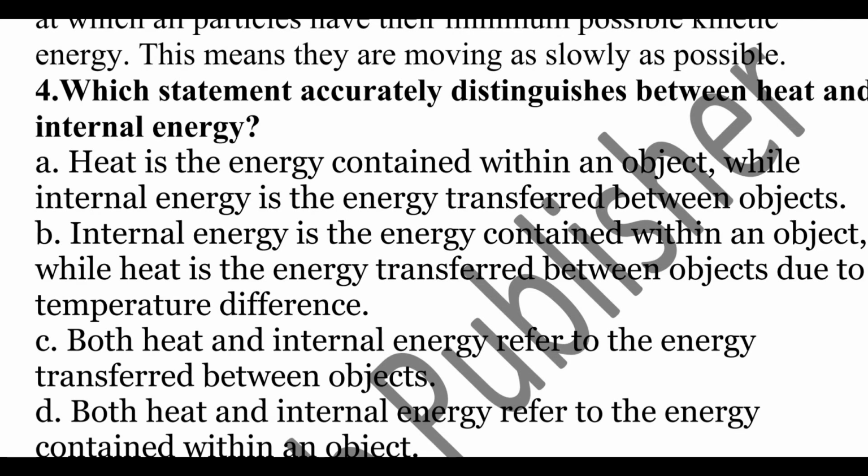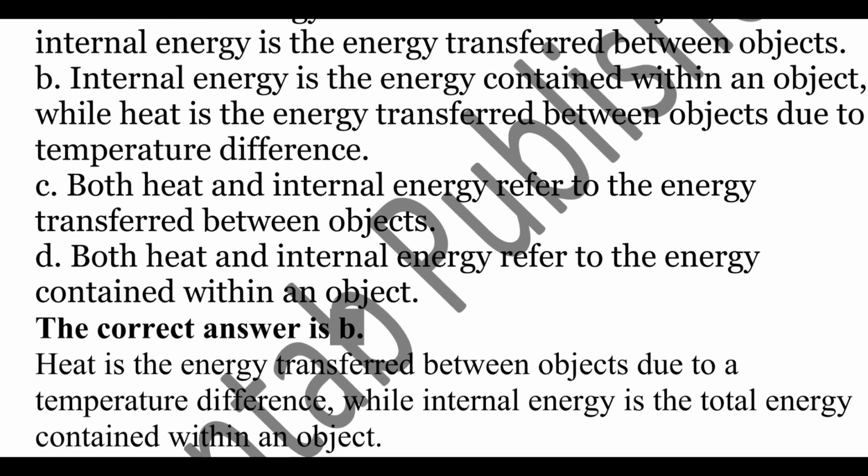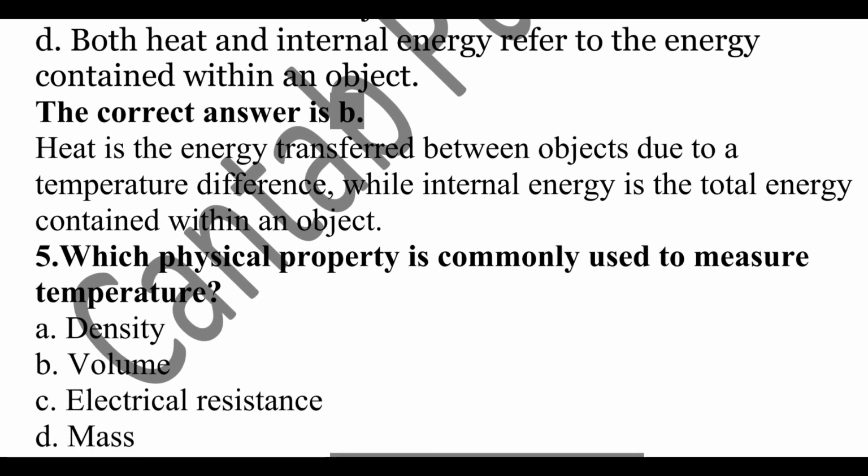Option C. Both heat and internal energy refer to the energy transferred between objects. Option D. Both heat and internal energy refer to the energy contained within an object. So the correct answer is B. Heat is the energy transferred between objects due to a temperature difference, while internal energy is the total energy contained within an object.